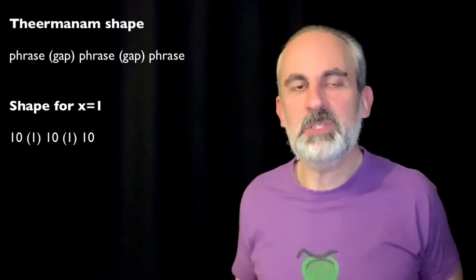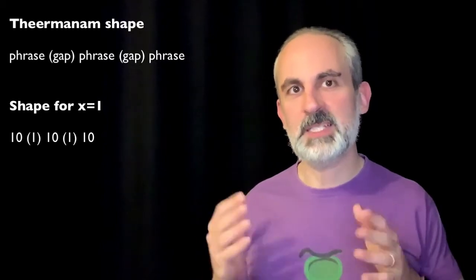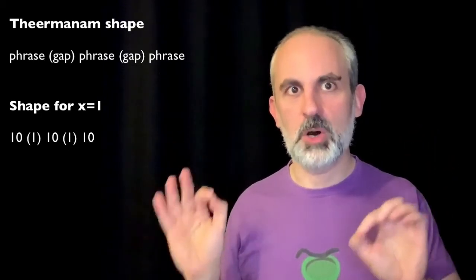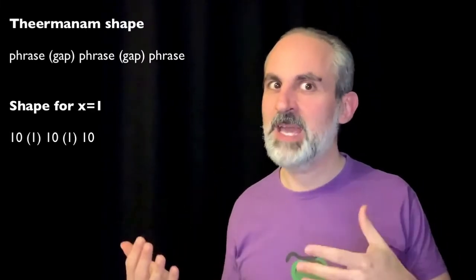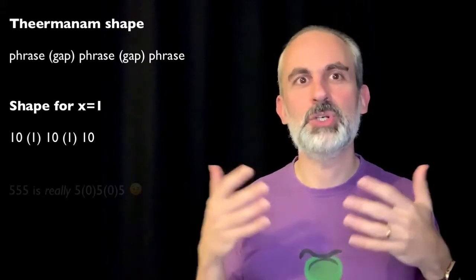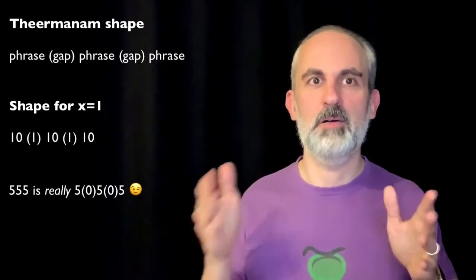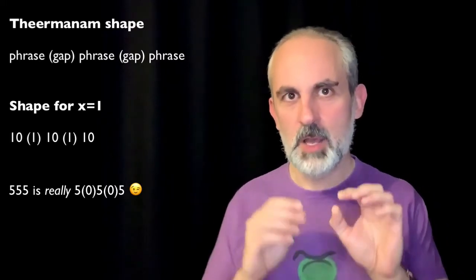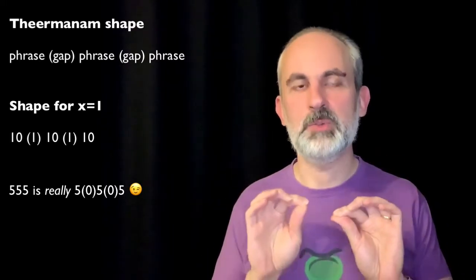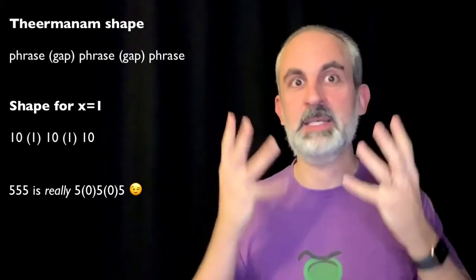But of course, nobody would do that. That would be super cumbersome. But the shape of the Theermanam should always have a space for 2 gaps in between the 3 phrases. So this 555 is like a shorthand for 5 0 5 0 5. And I think it's very important because when you start seeing those patterns, it's like seeing the Matrix.